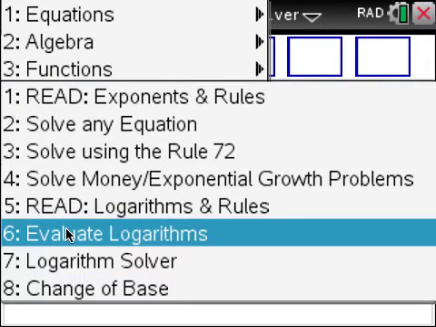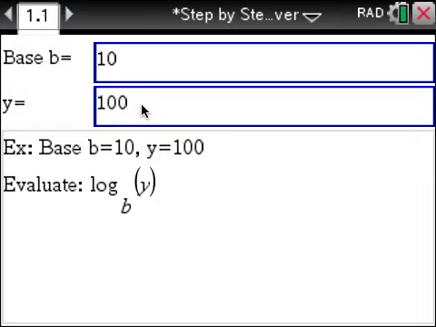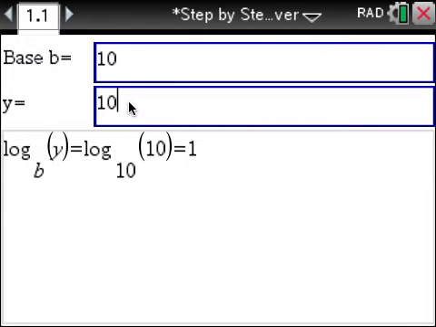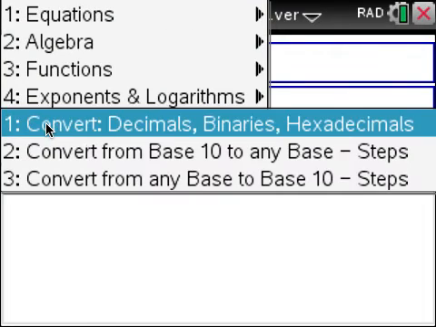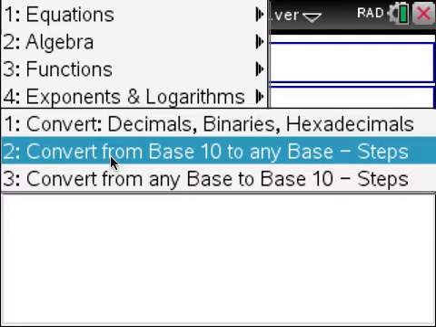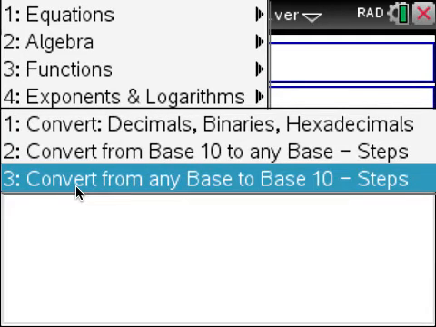This is also exponents and logarithms. If you want to evaluate logarithms, so this is 10, 1, 100, 2, 1,000, 3, and so forth and so on. Base conversions, there are also conversions over here, convert decimals, etc. Convert from base 10 to any base, convert from any base to base 10.